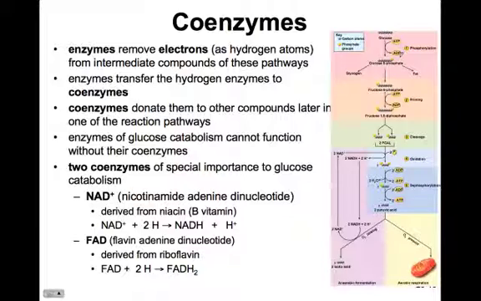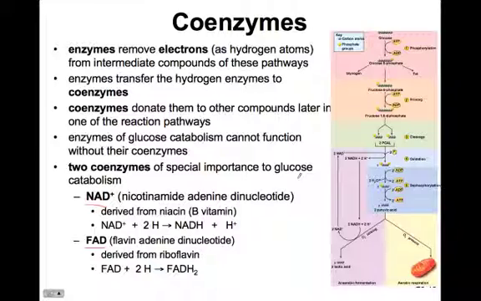These enzymes that are involved in glucose breakdown can't function without the coenzymes. The coenzymes we're talking about here are NAD and FAD. So as you might remember from general biology, NAD and FAD are like little cars.